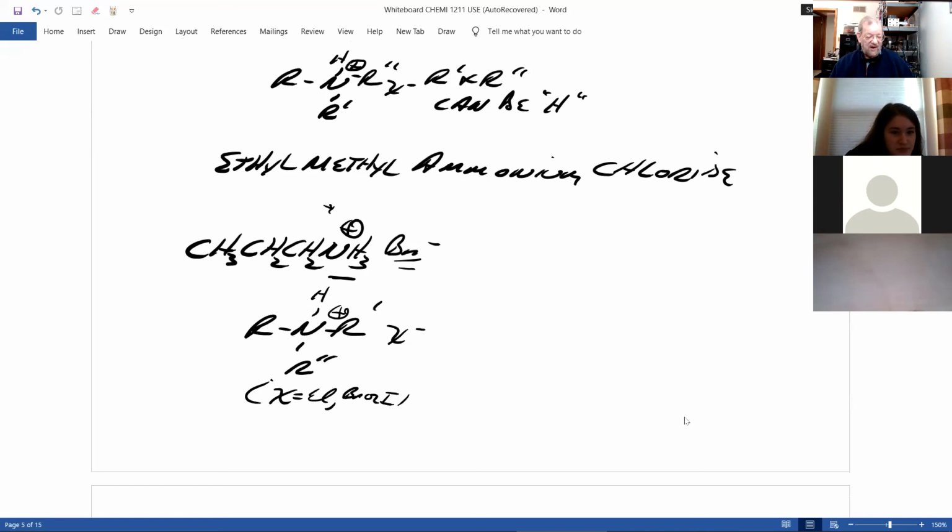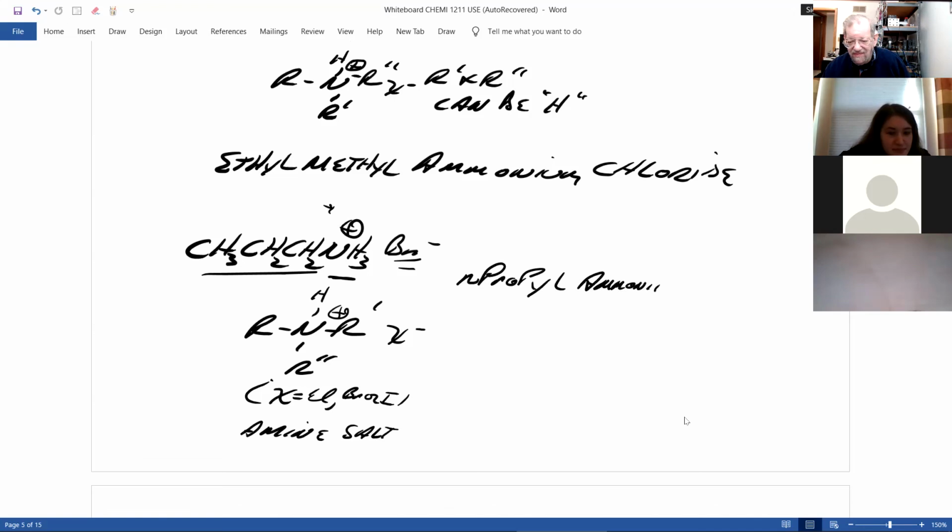And it's an amine salt. And what's our R group? Name each R group. There's only one. N-propyl ammonium, and what's the halogen? Bromide.